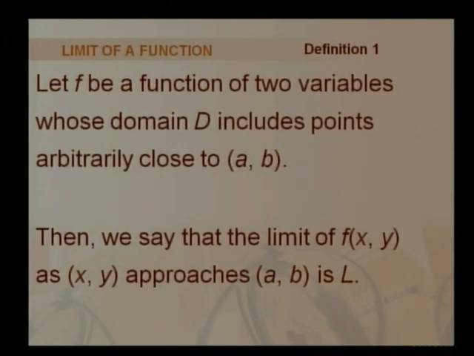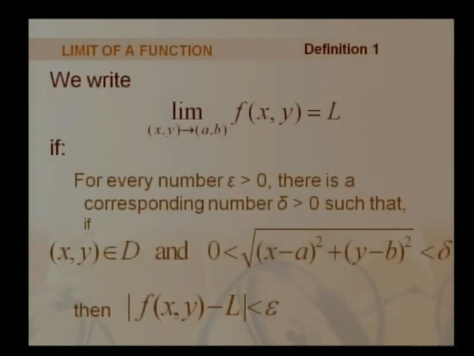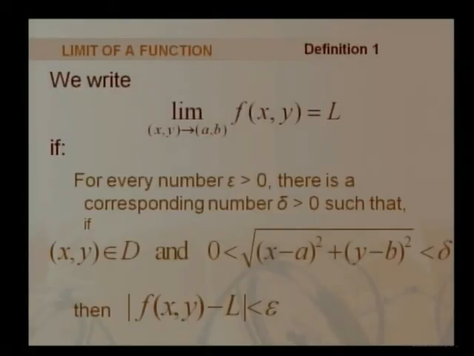Then we say that the limit of function f(x,y) as (x,y) approaches (a,b) is L. In notation, we write limit (x,y) tends to (a,b) of f(x,y) is equal to L if for every epsilon greater than 0 there is a corresponding number delta greater than 0 such that when (x,y) belongs to the domain D and 0 is less than the square root of (x minus a) whole square plus (y minus b) whole square, which is less than delta, then modulus of f(x,y) minus L is less than epsilon.